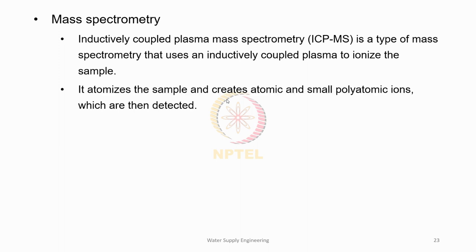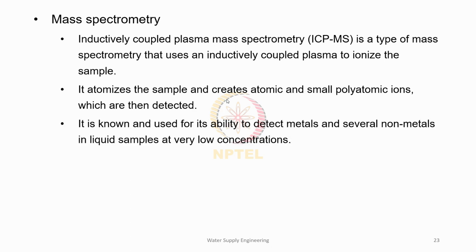So here also what happens is basically the sample is atomized, and then we have atomic and small polyatomic ions which are then detected. This method is useful when it comes to detection of metals at very low concentration.